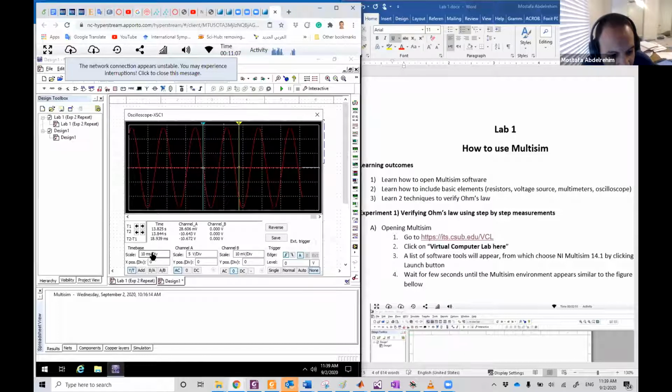And for the time base, each division is representing 10 milliseconds. So each square like this is actually 10 milliseconds. For example, this is one division, maybe 1.6 divisions. So the period of signal A is 1.6 multiplied by 10 milliseconds.